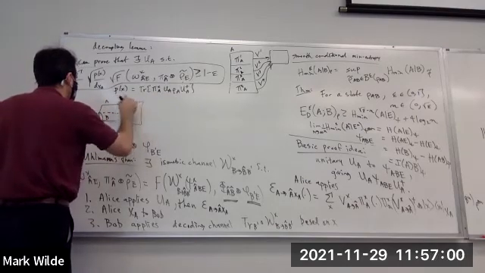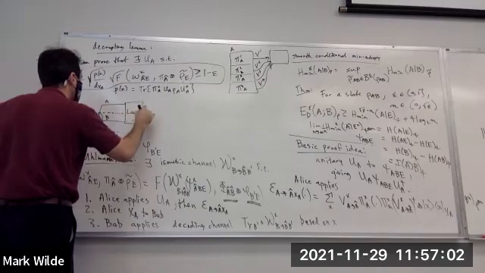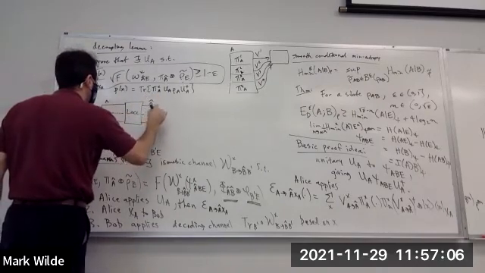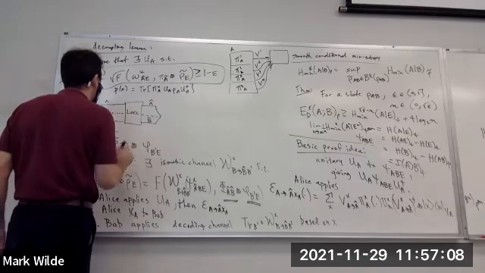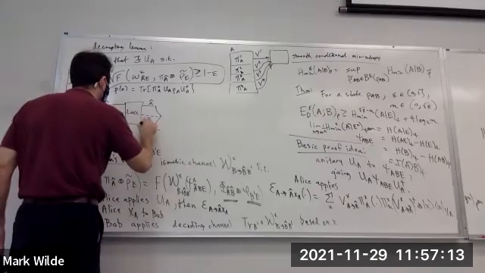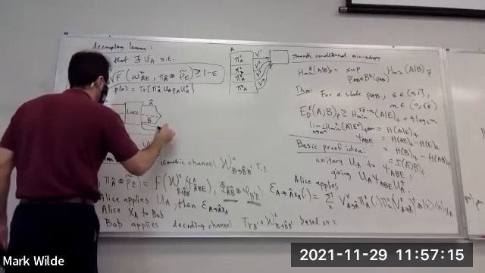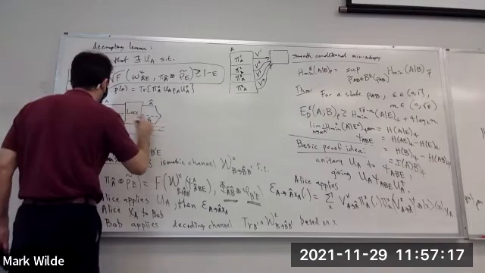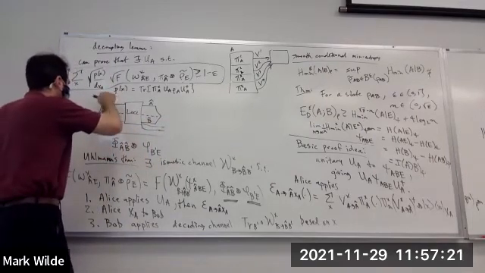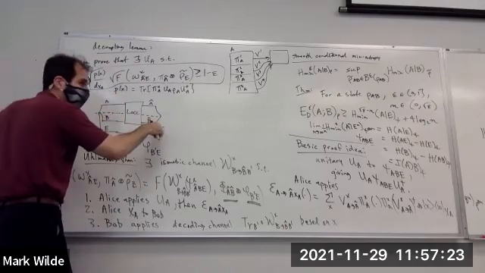Then you allow for LOCC, and not only do you try to distill entanglement, but you want at the end, from an original state here, Alice's system to get transferred to Bob.